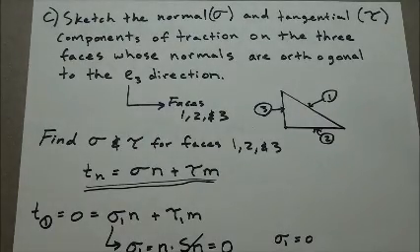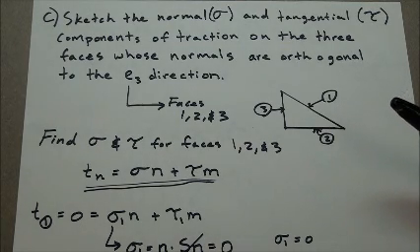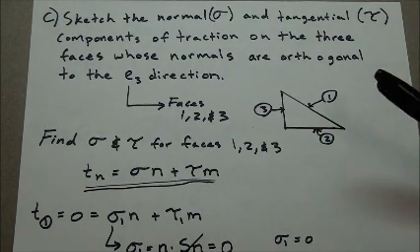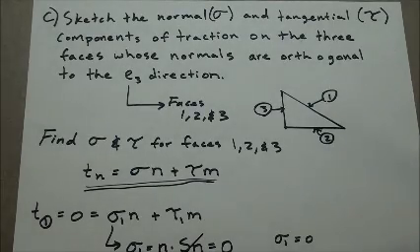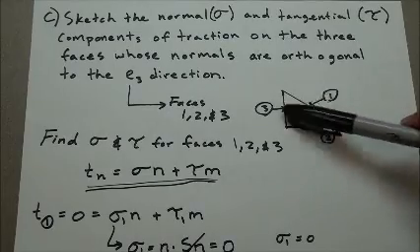For part C, they asked us to sketch the normal and tangential components of traction on the three faces whose normals are orthogonal to the E3 direction, and we found those faces to be faces 1, 2, and 3.